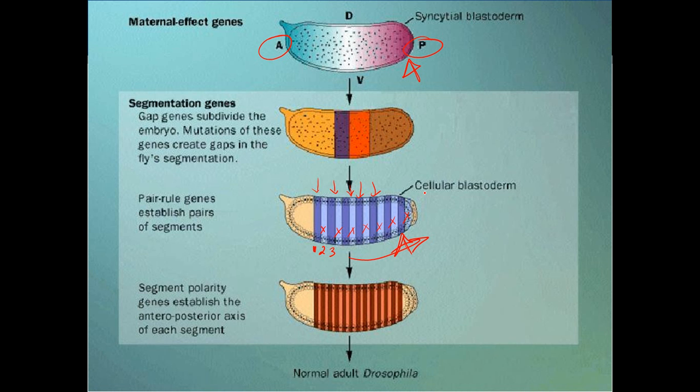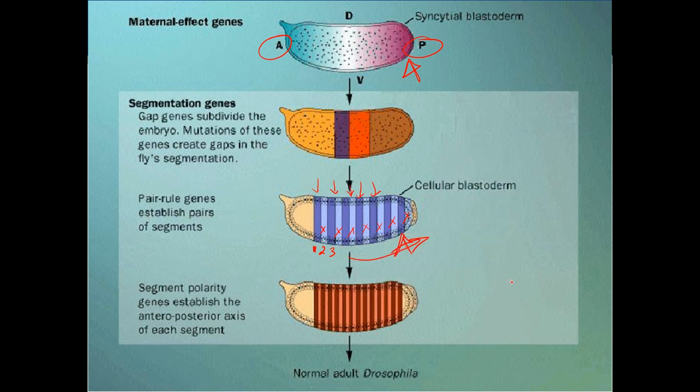And they are responsible for dividing the blastoderm into 14 different segments. Now, it also turns out that these pair rule proteins that are made by the genes also are going to act as transcription factors.